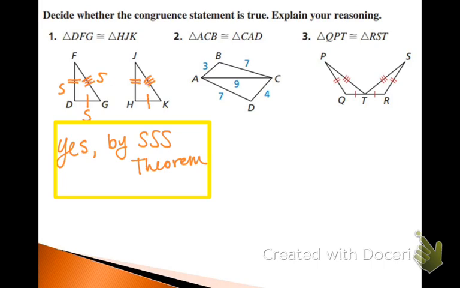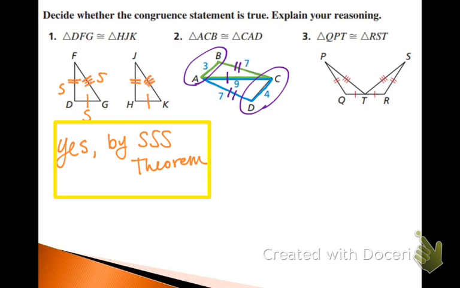On the second, we're trying to decide if ACB is congruent to CAD. All right, so they obviously share AC, so that's congruent to itself. BC's length is 7, as well as AD's, so they're also congruent. However, my third sides, their lengths are 3 and 4. All right, so 3 and 4 are not the same number, so they're not the same length.